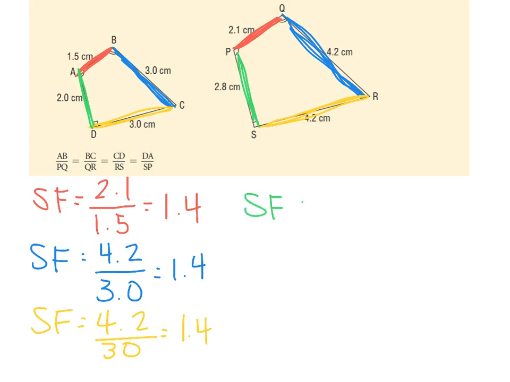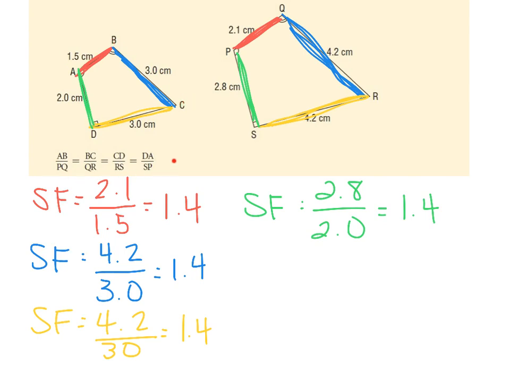So scale factor is 2.8 divided by 2.0. And guess what? We also get 1.4. So by doing all of those calculations, we've showed that we've used the exact same scale factor to enlarge all of our sides. So this shape here, our enlargement, is 1.4 times bigger than our original ABCD shape.